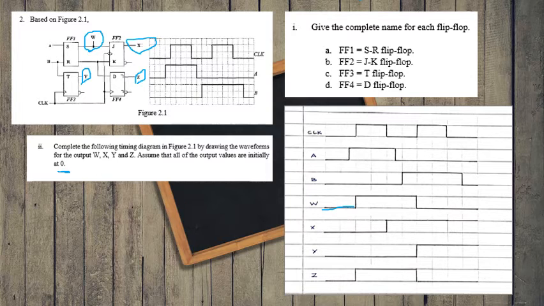And then at the edge trigger 1, the input A is 1, the input B is 0.